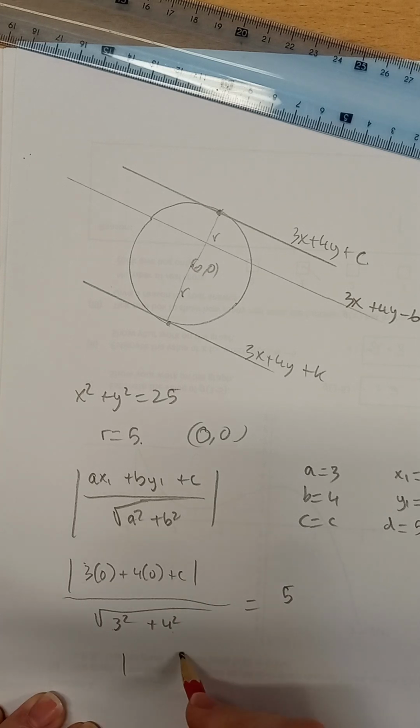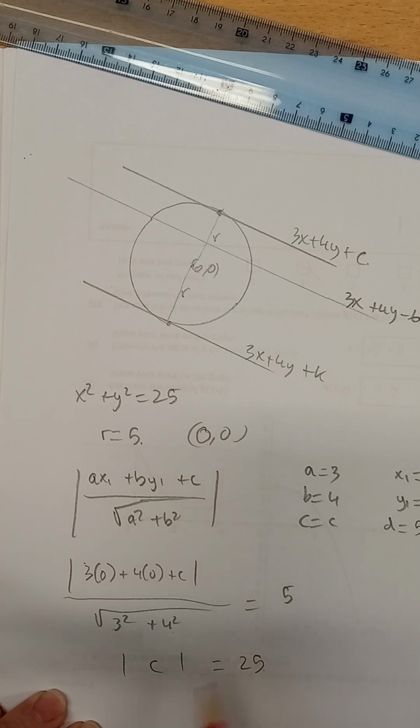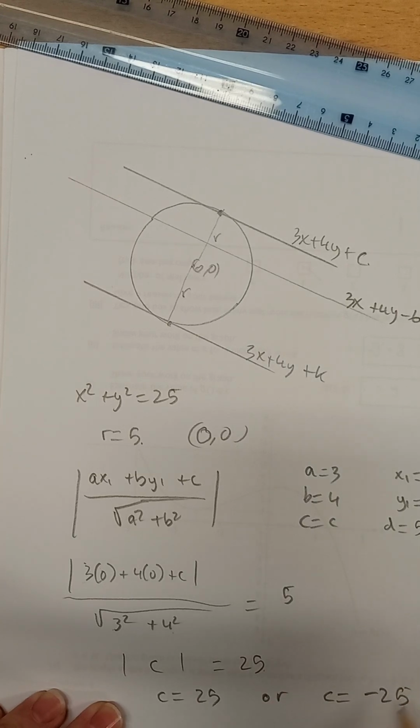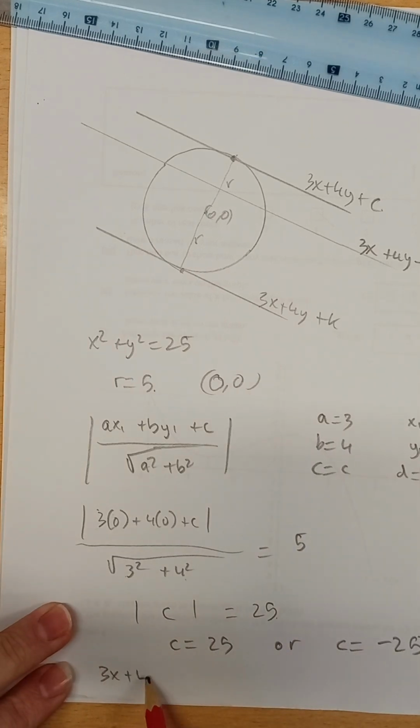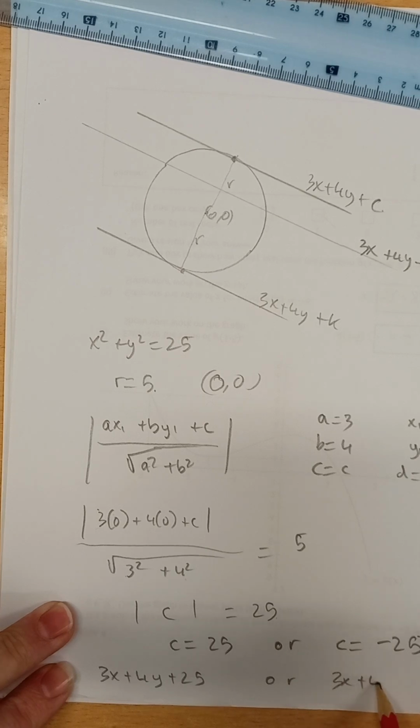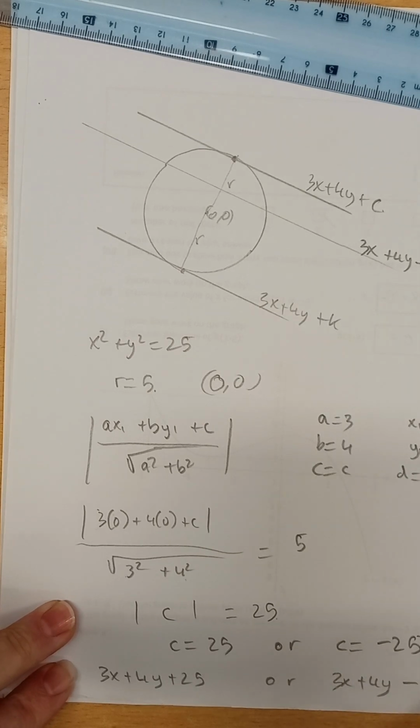So we've got the absolute value of c is equal to 25. So c could be 25, or c could be minus 25. So the two possible equations I'm looking at are 3x plus 4y plus 25, or 3x plus 4y minus 25.